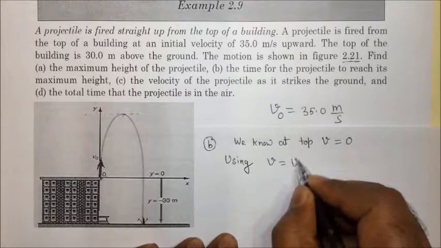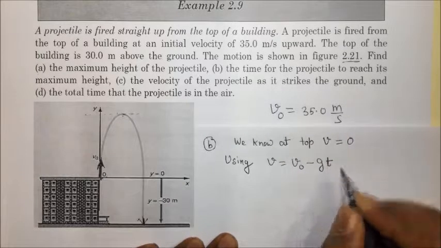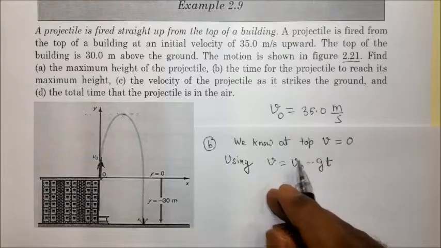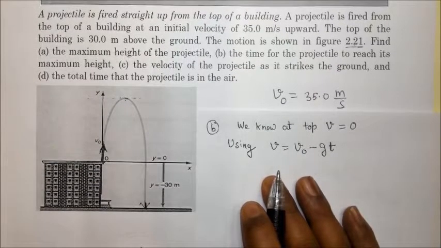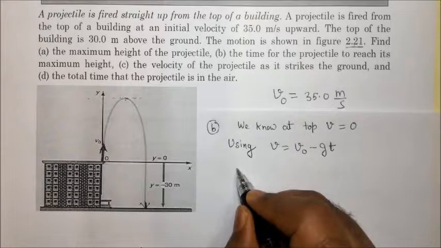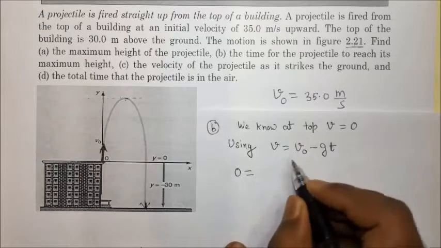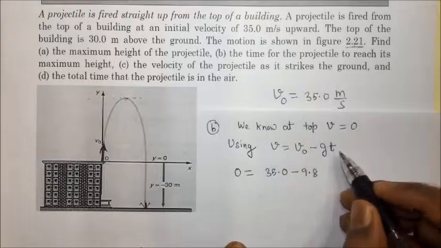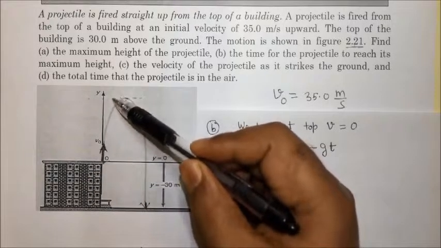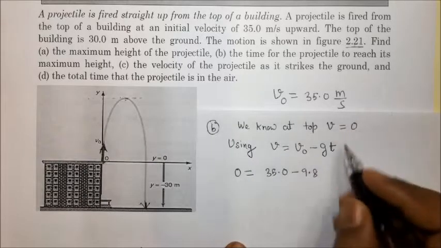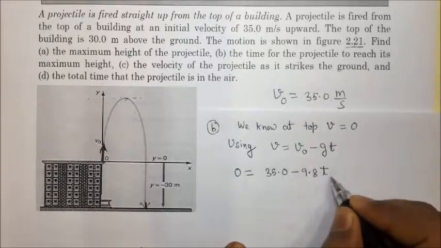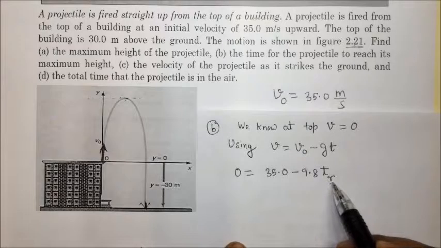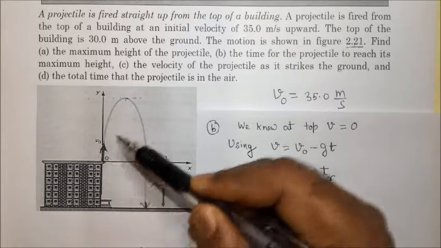So using V final is equal to V initial minus gT, this is 0 is equal to V initial, which is 35.0, minus 9.8 T. T is from the top of the building to the maximum height, so I can write T as T suffix R. T suffix R means time to rise, the rise time.